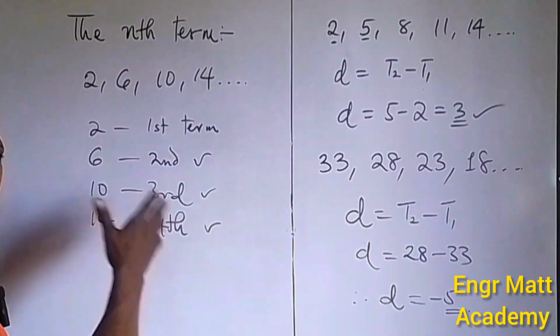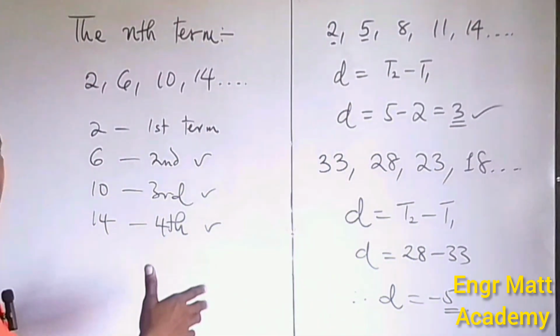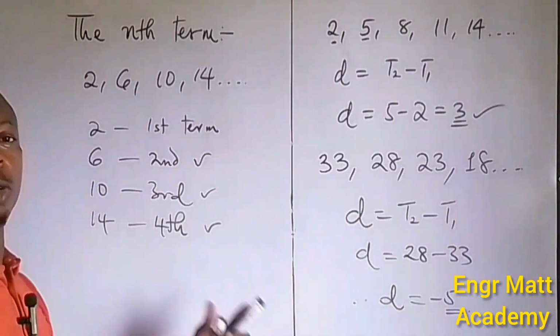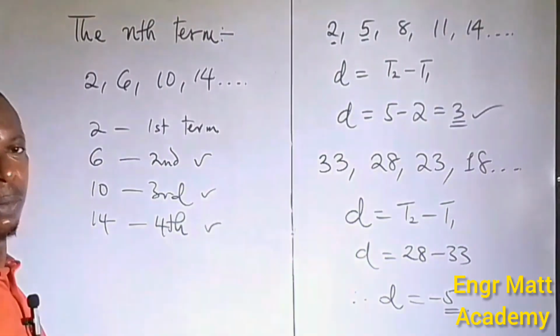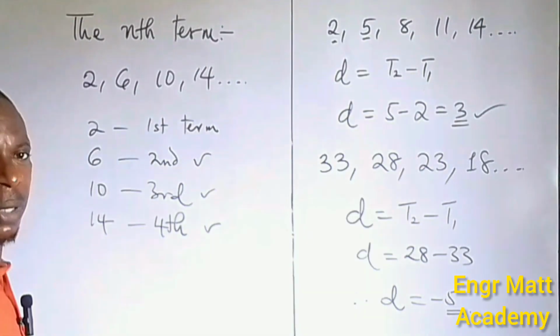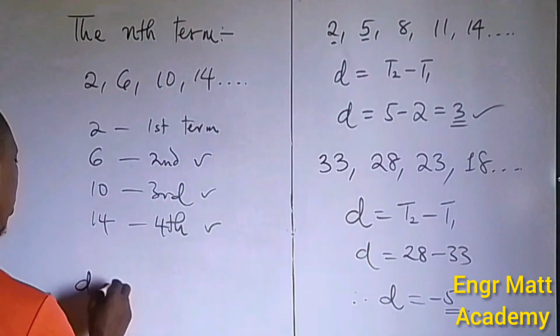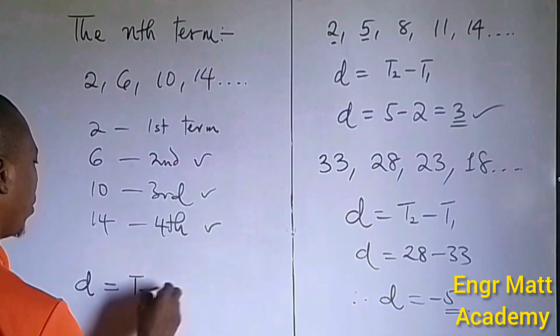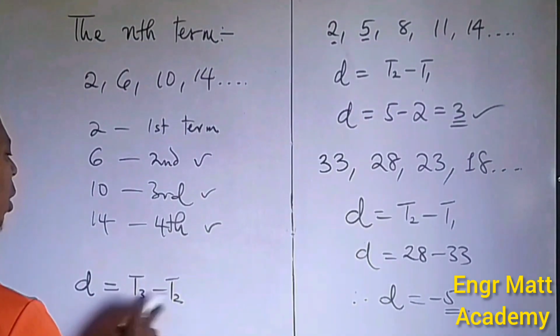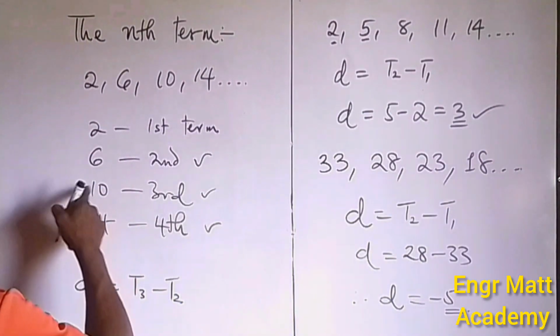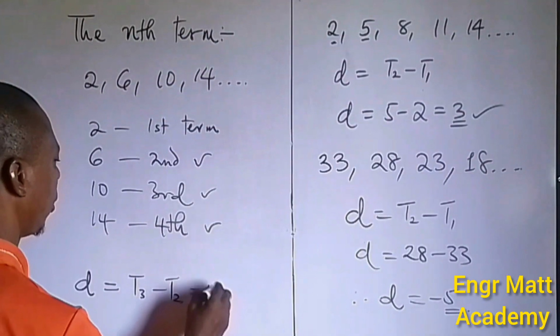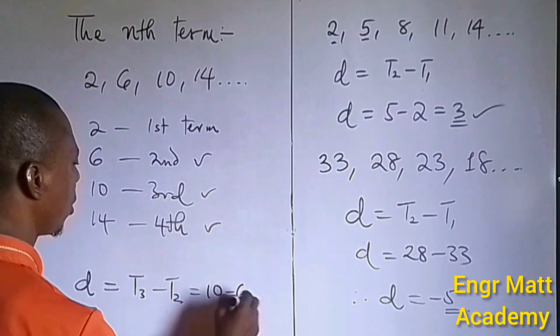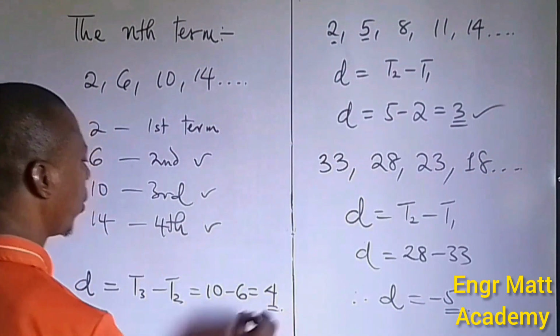And if we want to find the fifth term, it's easy, right? Once we know the common difference, we can get the fifth term. So what is the common difference? d is equal to, let's use T3 minus T2, the third term minus the second term. The third term is 10, minus the second term, 6. So the common difference is 4.